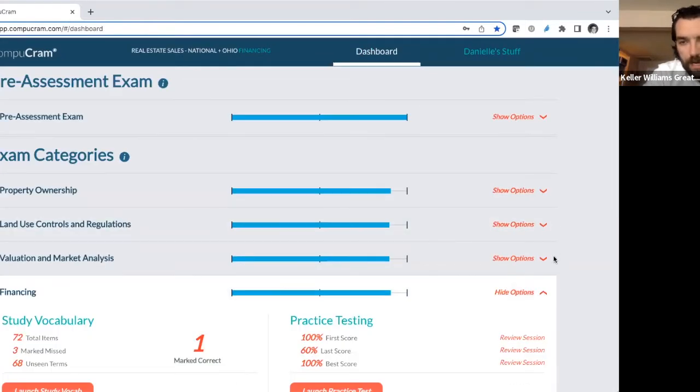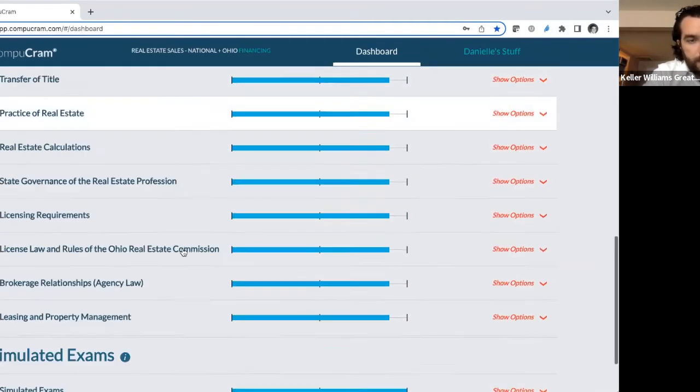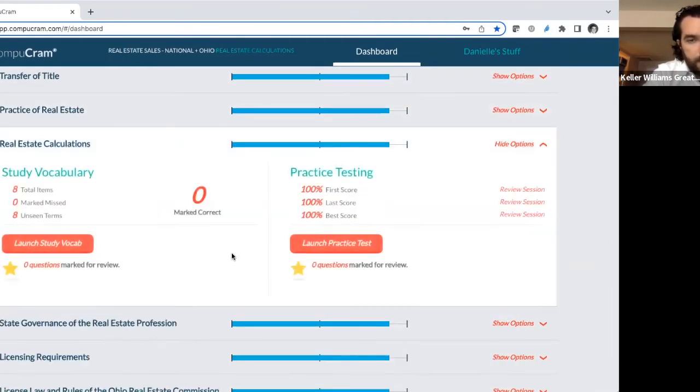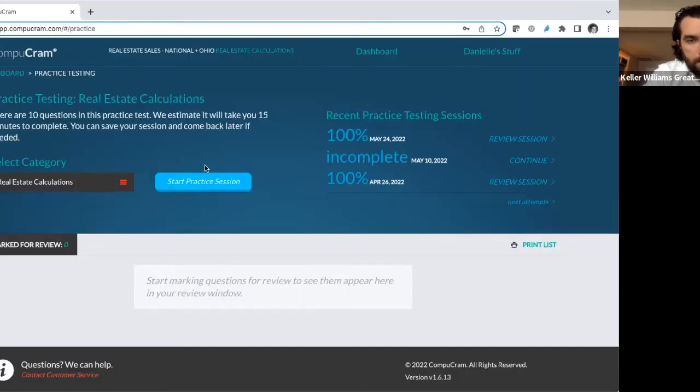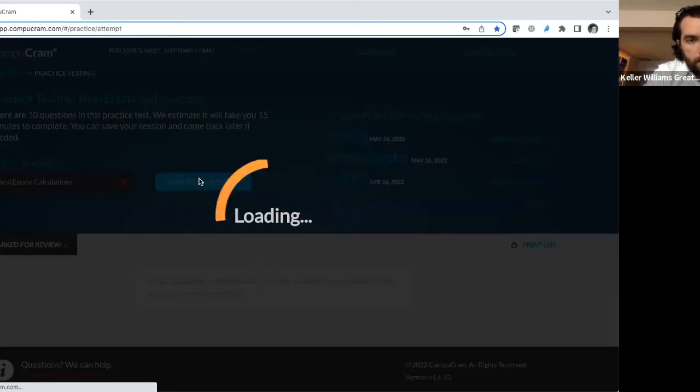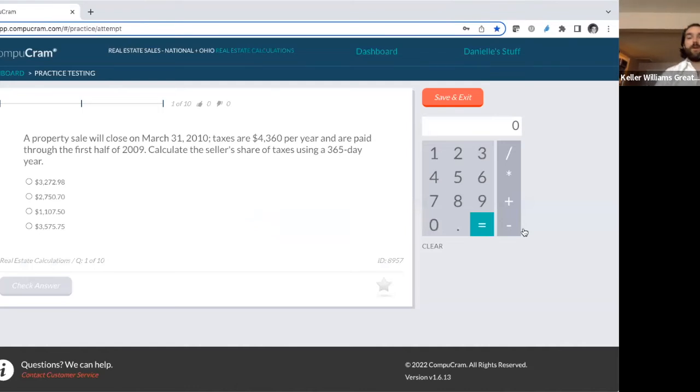All right, we also had anything with math. So we're going to go to real estate calculations. Question number 1. A property sale will close on March 31st, 2010.